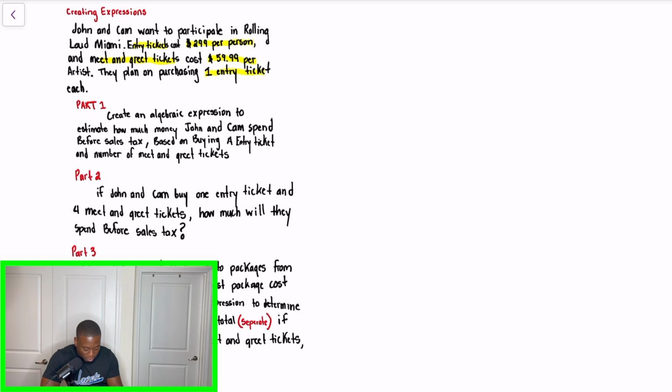Let's write some information. We have the entry ticket, so let's put e-ticket, and this is going to cost us $299. Then we have meet and greet tickets, which are $59.99.